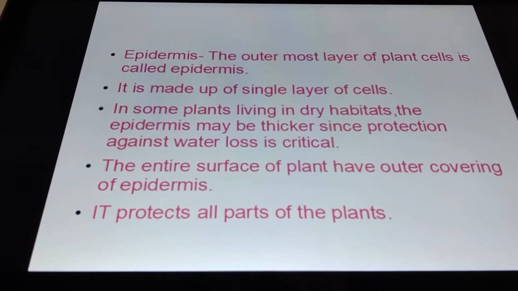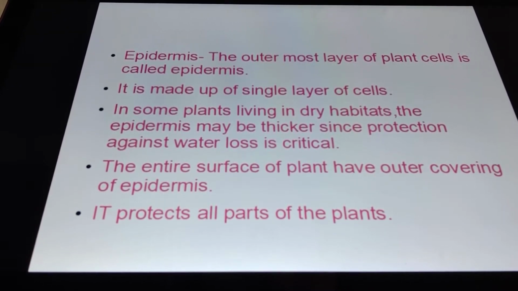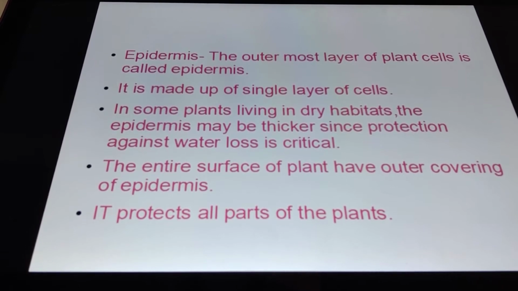Now today we are going to study a different topic, that is epidermis. Now what is epidermis? Epidermis is the outermost layer of the plant body.